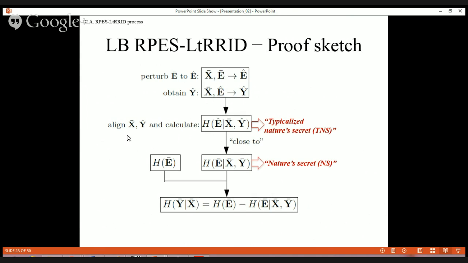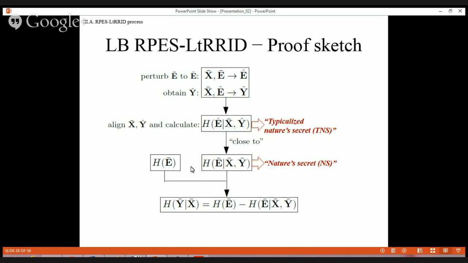It can be shown that X and Y hat can be almost aligned. Hence, we can calculate H of E hat given X and Y hat, which we will call the typicalized nature's secret in the following. We can show that this typicalized nature's secret is close to the nature's secret, which is H of E given X, Y.